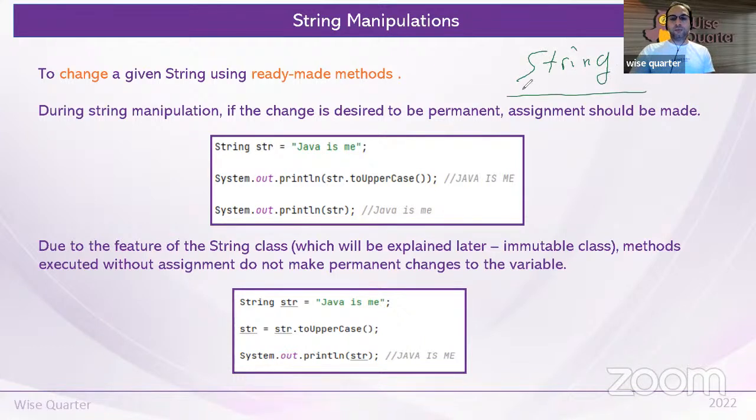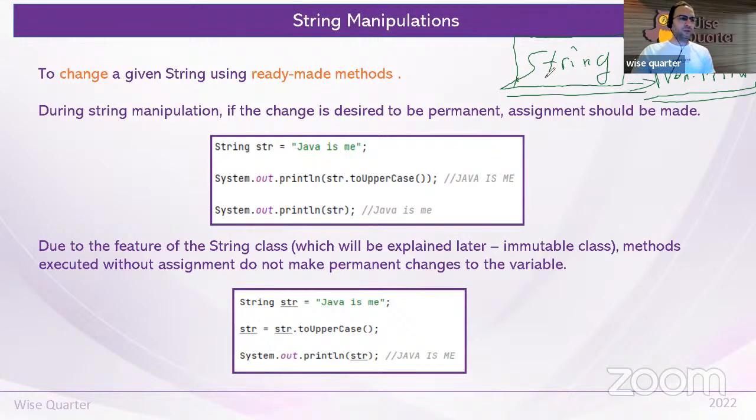And you know, the first letter is a capital. It means this is a non-primitive data type. Non-primitive data type means it has pre-made methods prepared for us. Java developers created a few methods in this class, and we can use them whenever we want.